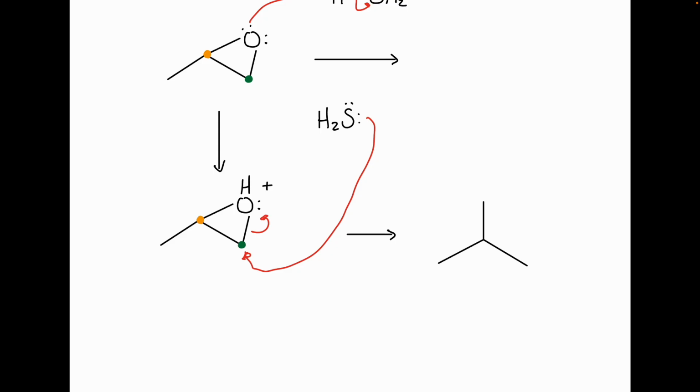And notice that because of that protonation step, when that leaving group leaves, it does not leave as a negatively charged oxide ion. It leaves as a neutral hydroxyl group, a neutral alcohol group.